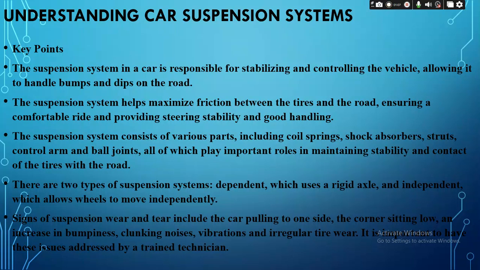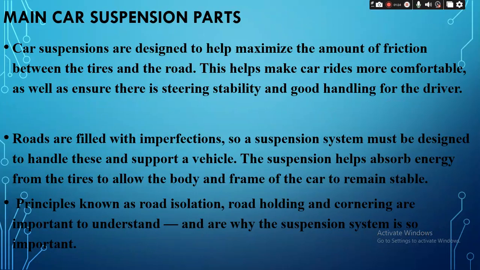Signs of suspension wear and tear include the car pulling to one side, the corner sitting low, an increase in bumpiness, clunking noises, vibrations, and irregular tire wear. It is important to have these issues addressed by a trained technician.